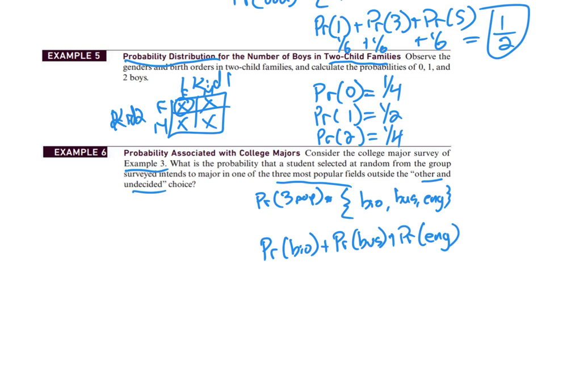Those probabilities are 0.149 plus 0.134 plus 0.131, which equals 0.414. So just over 40% of the students have chosen the 3 most popular fields.